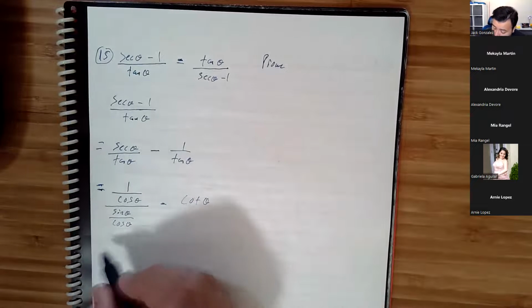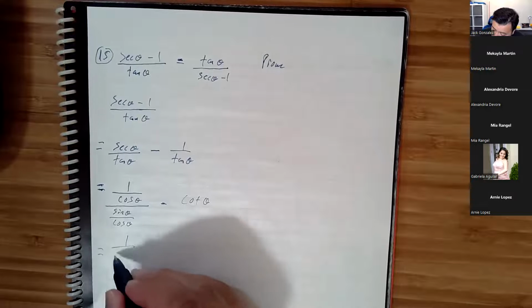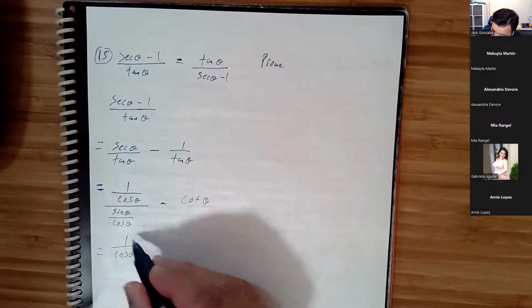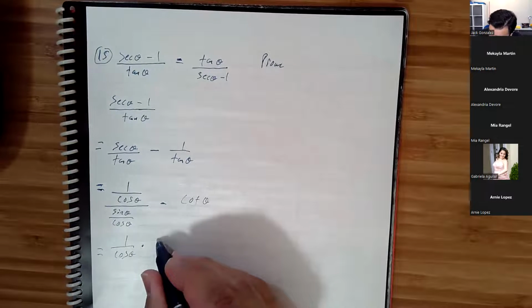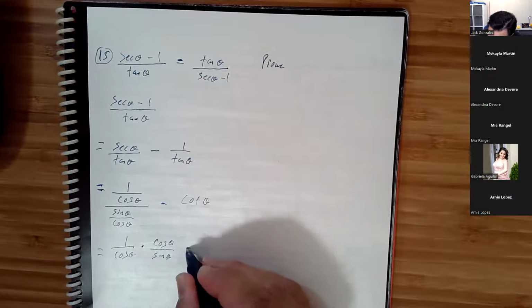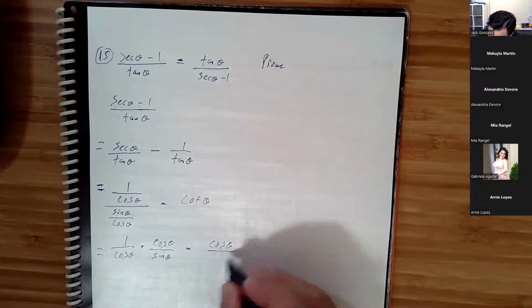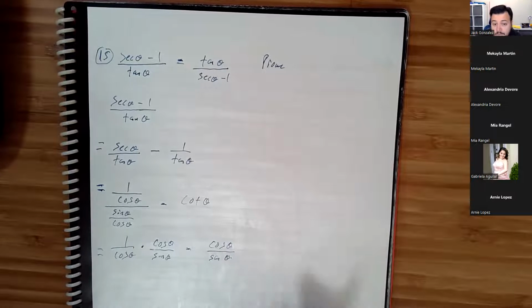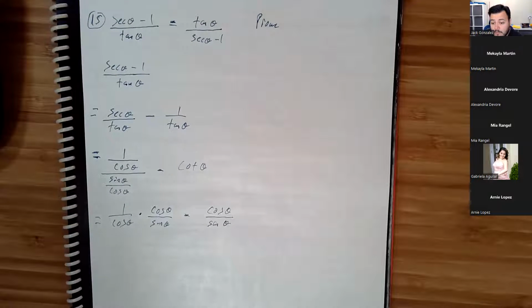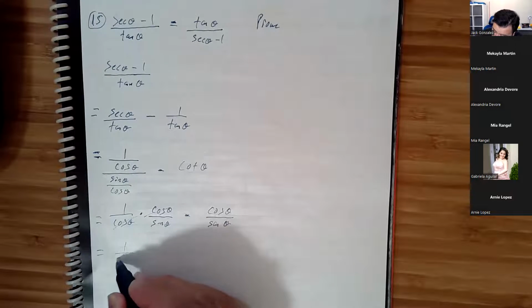That's not going to be pretty. If we divide fractions, that's going to be 1 over cosine times cosine over sine, minus cotangent, that would be cosine theta over sine theta using your ratios. All right, so these cancel, leaving you with 1 over sine.